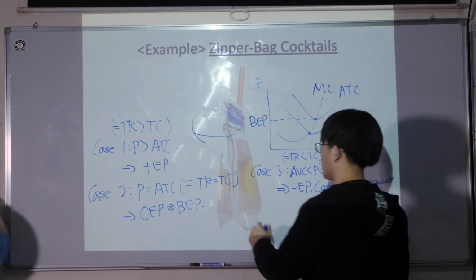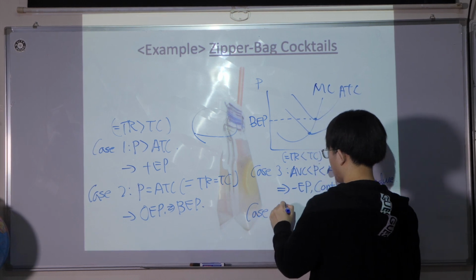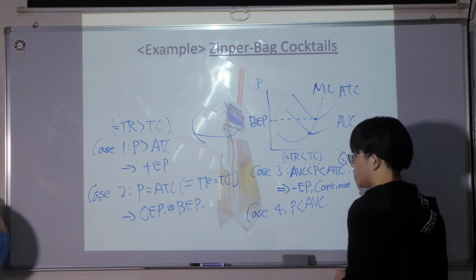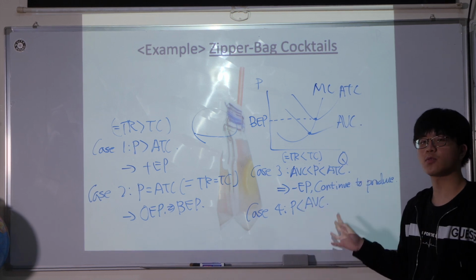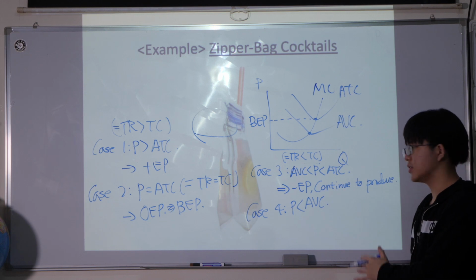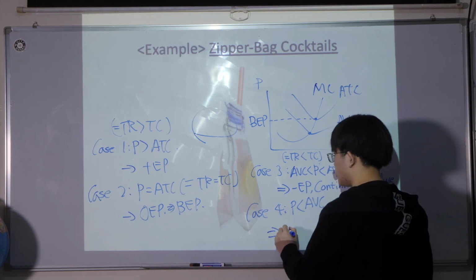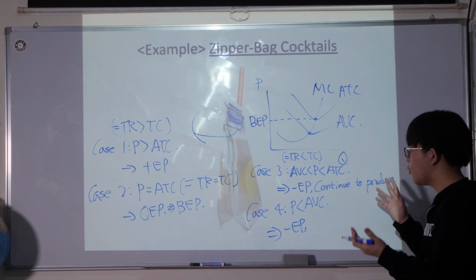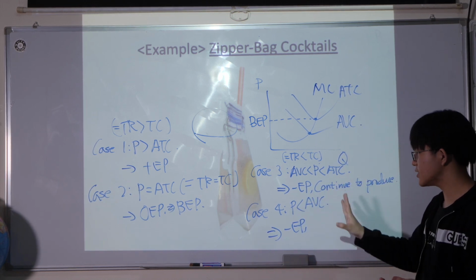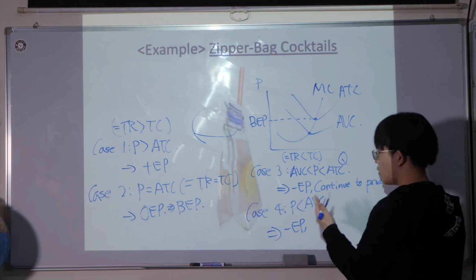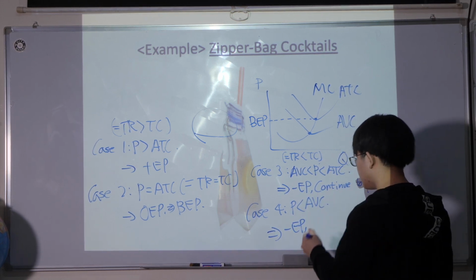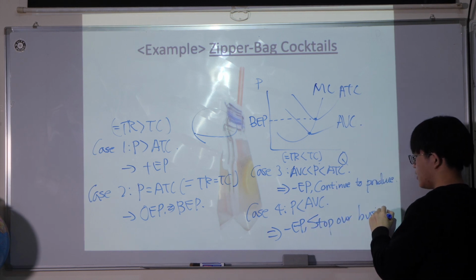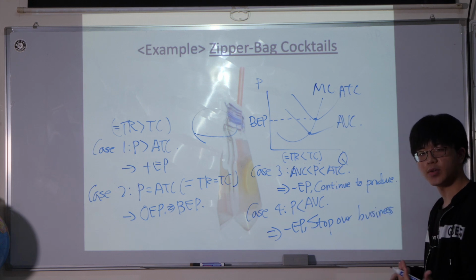Okay, and case 4: when price is less than average variable cost. This case is quite important because in this case, we still have negative economic profit, but in this phase, we will stop our business, and we will exit our industry in the long run.